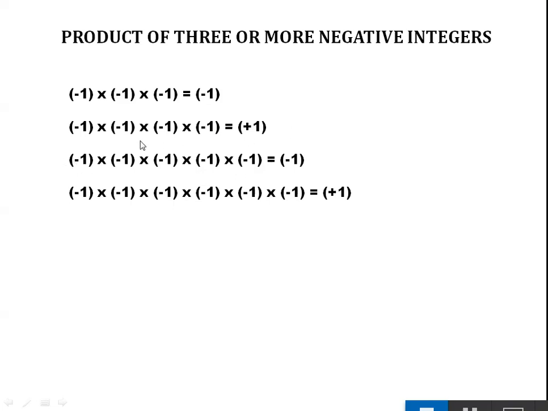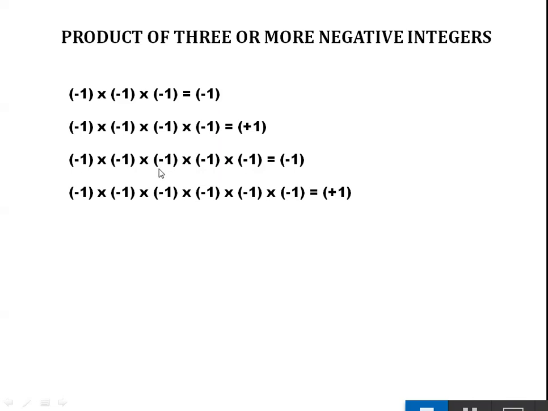What's the condition in third example? You are multiplying negative 1 5 times. Here you are multiplying negative 1 6 times. So let us see what is the difference in the answer. When you multiply negative 1 3 times, you are getting negative 1.